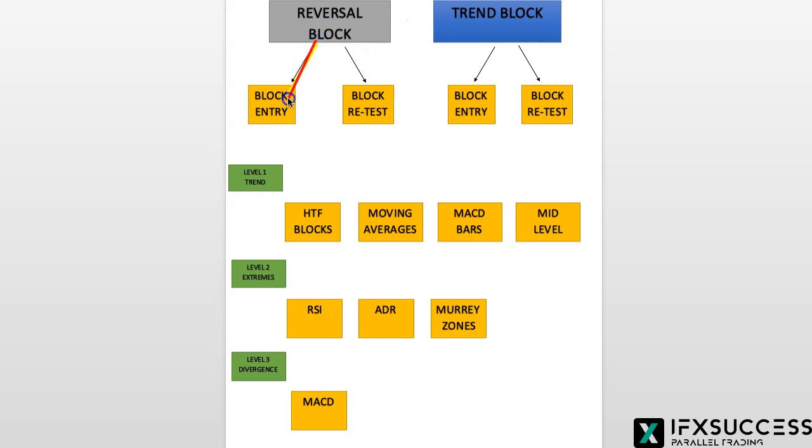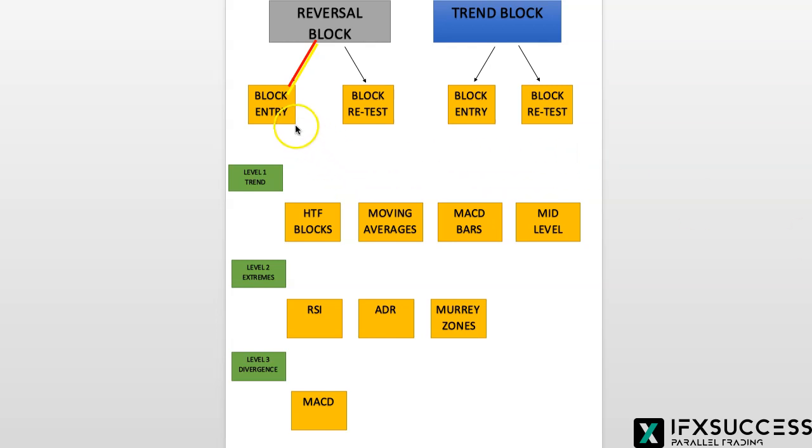So we choose the reversal block and we choose block entry. Then we have to make a decision on what type of trend, because we can't really choose 2 or 3, thinking that the more filters I have, the better entries I get, and not necessarily. Okay, so that's when you have to think about this.